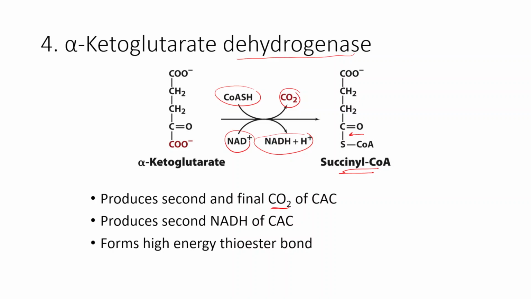As you recall, we put in one acetyl group that has 2 carbons. Once we've made 2 carbon dioxides, all the carbons that we put in, we've now taken out. We formed our second NADH, but not the last. And we formed that high energy thioester bond.